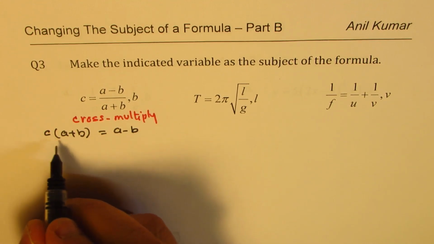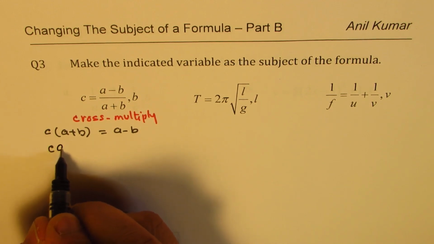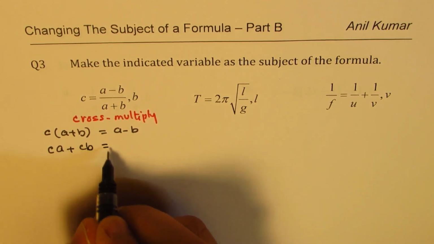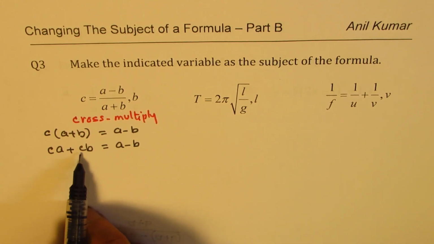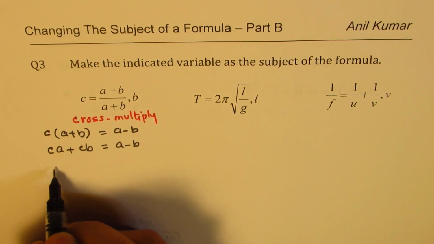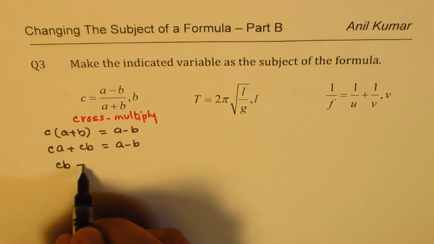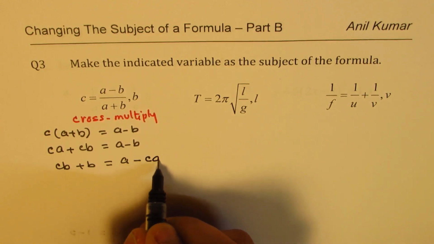Now you can open the bracket using the distributive property. So we get c times a plus c times b equals a minus b. The term with b can be kept together and the other term can be taken on the other side. So we'll take cb and bring this b on this side, and here we get a minus ca, correct?